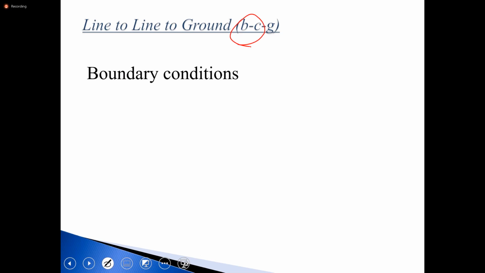All right? So if I now have the boundary condition where B and C are in contact with the ground, what will be the boundary condition? What do you know must be a fact? So VB and VC equals 0. Thank you. So VB is equal to VC, is equal to 0.